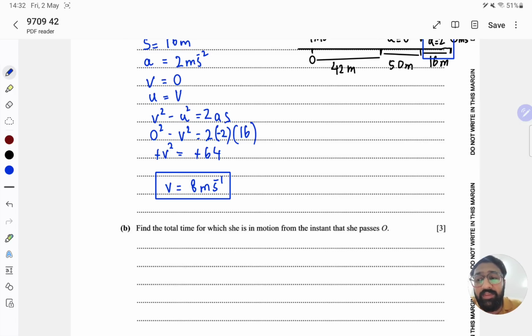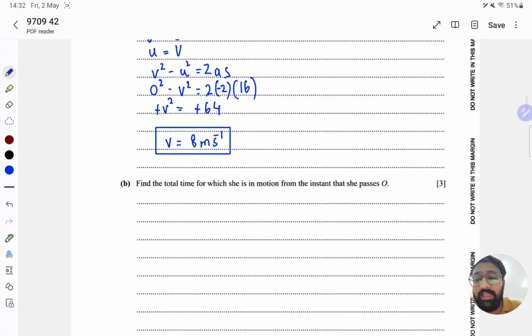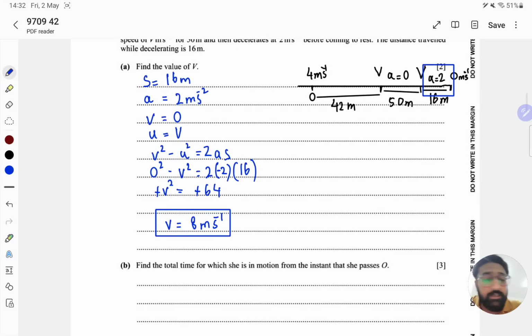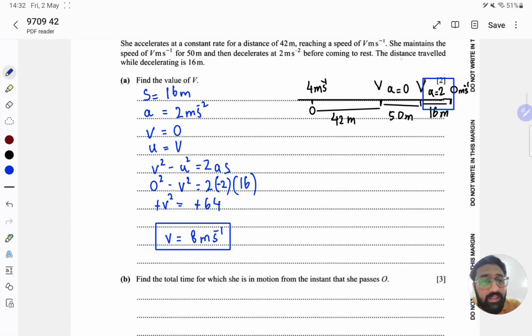Let's start right there in the middle. I'll call this T2, the time that is being taken for this part of the journey.